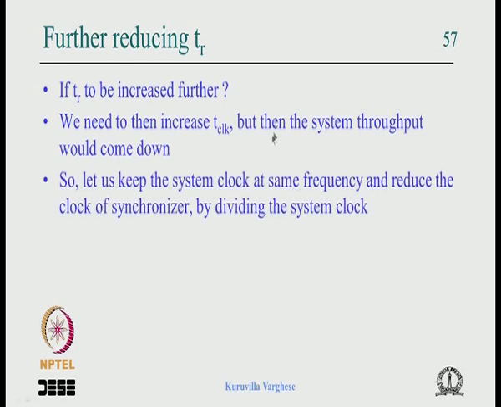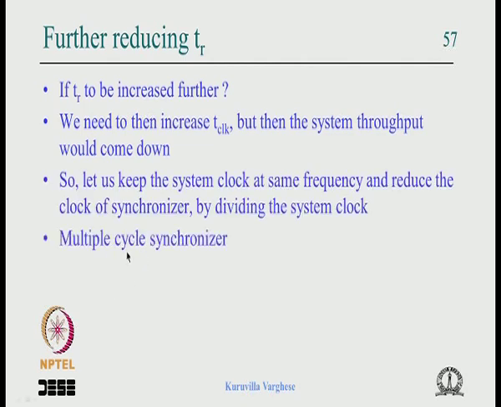If we increase T clock, system throughput will be affected. So let us keep the system clock the same and reduce the clock frequency by dividing the system clock, and that is called a multiple cycle synchronizer because it takes multiple clock cycles to synchronize.